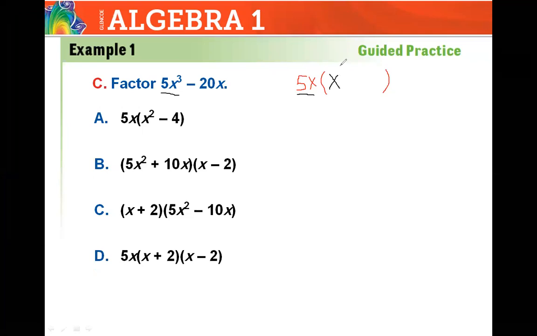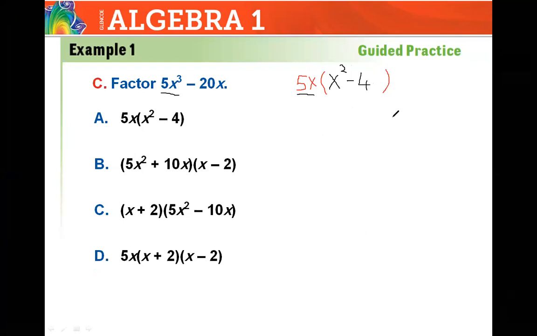Then negative 20 divided by 5 is negative 4. And x divided by x, any number divided by itself equals 1, so we don't write anything.